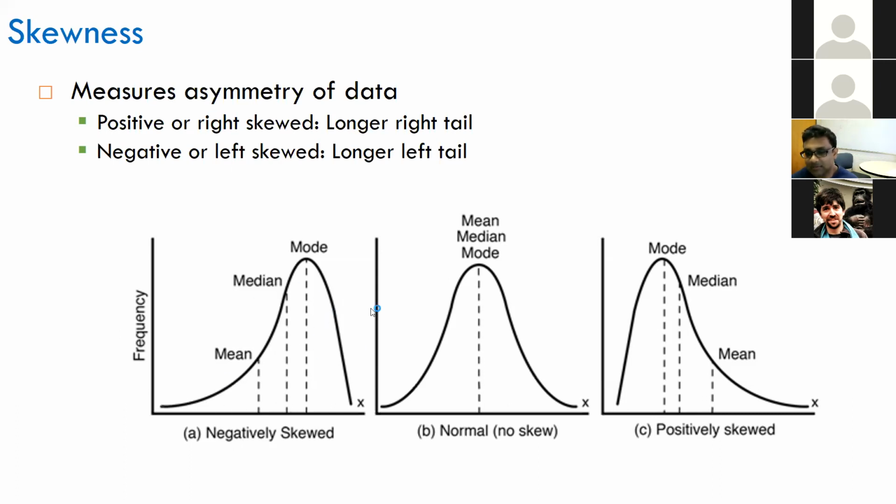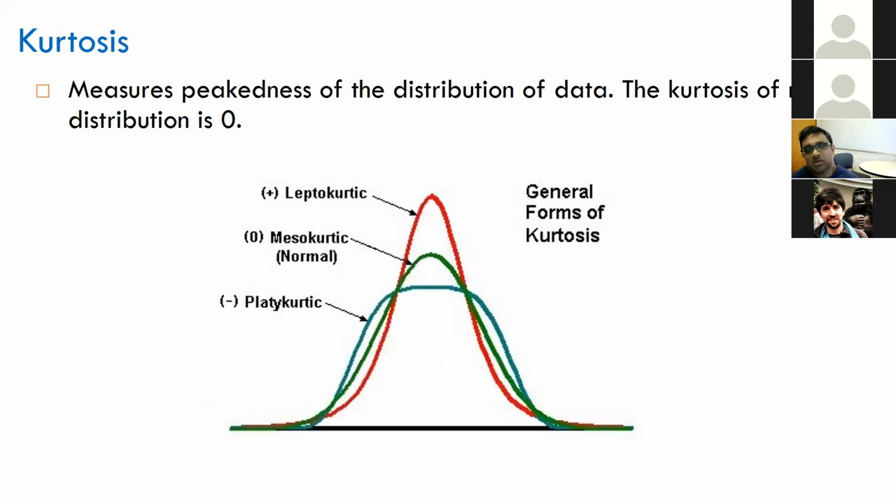This is basically a hypothetical scenario, but I have seen this kind of data; some students showed me. These are the three main symmetry distribution patterns of your data. Measuring the symmetry is called skewness.